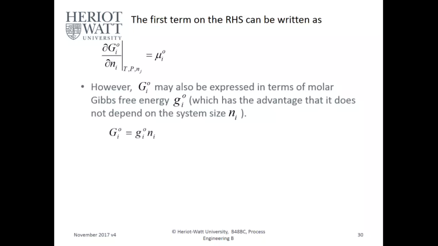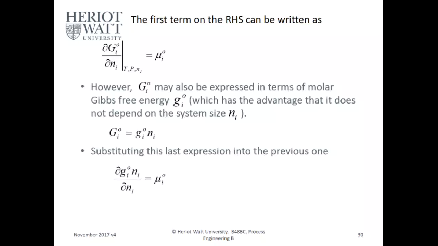So GI0 is GI0 times Ni. Substituting this last expression into the previous one, you get the infinitesimal change in GI Ni over infinitesimal Ni equals chemical potential. Hence, chemical potential is GI, being the molar Gibbs free energy, multiplied by the infinitesimal change in Ni over infinitesimal change in Ni. Cancelling out, therefore GI equals the chemical potential at that initial stage.